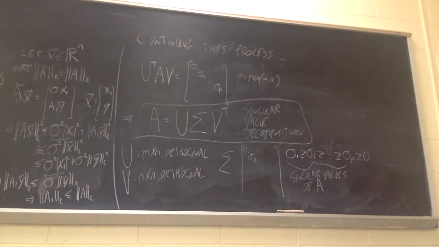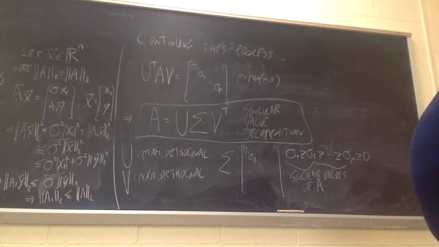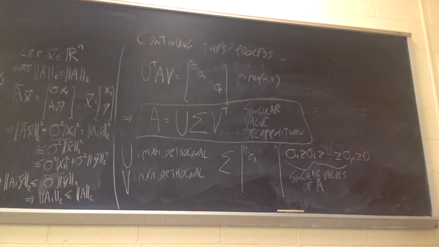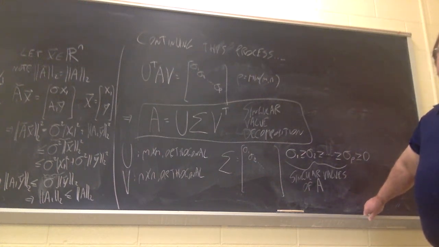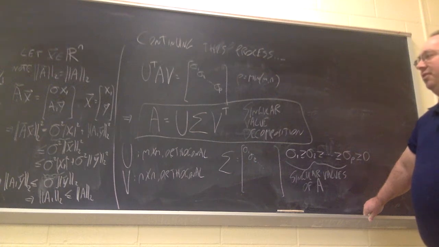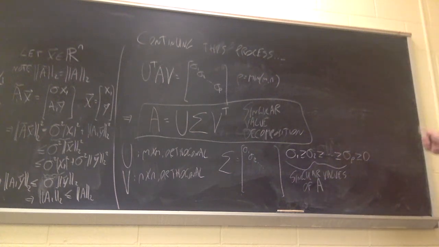The smallest singular value, you can think of this as having a quasi-geometric meaning. It's the distance in the 2 norm sense between A and the nearest singular matrix. In other words, if the smallest singular value is 0, well, A is singular, so the distance would be 0.